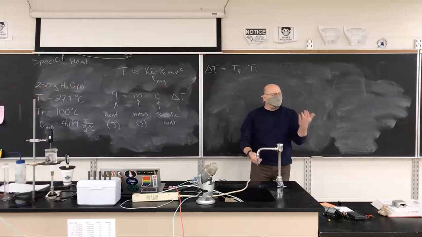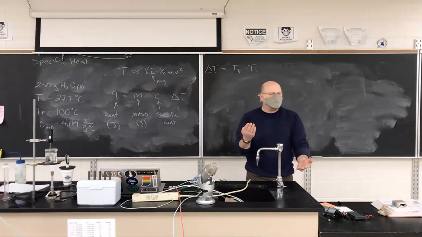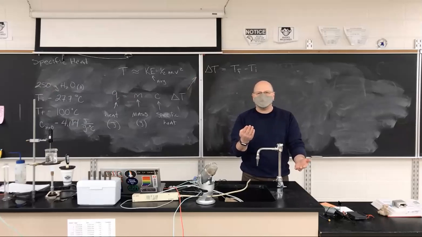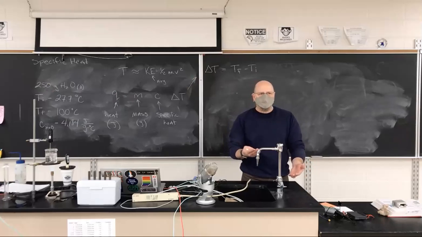So if you take the final temperature minus the initial temperature, if the temperature drops, that means your final temperature will be lower than the initial, and it will be what kind of value? What sign? If the final temperature is lower than the initial temperature, it'll be negative. Because it's lower, right? That's important.